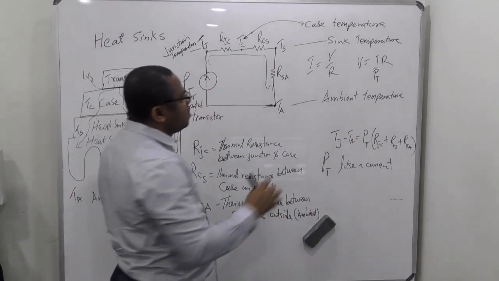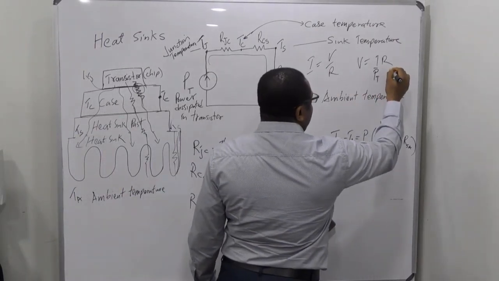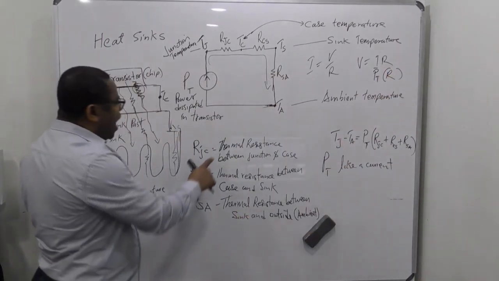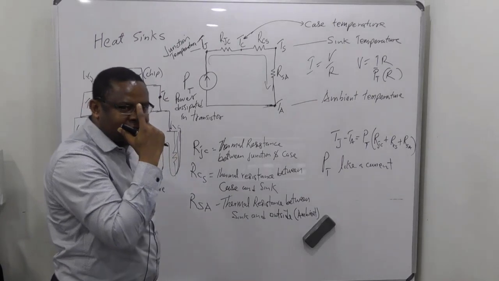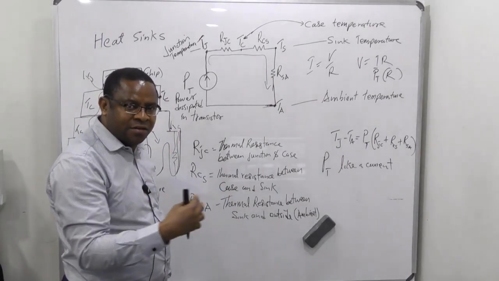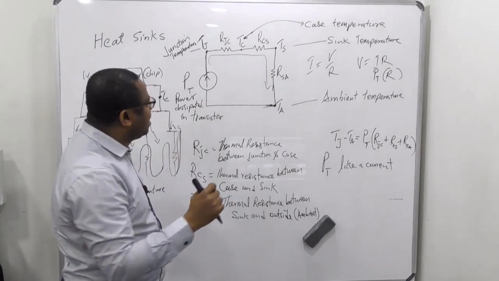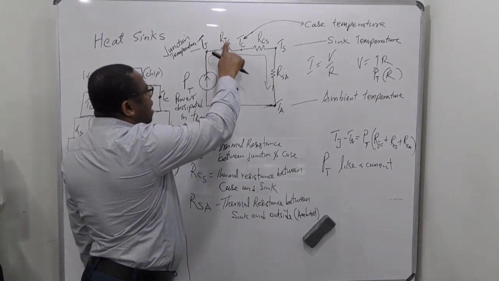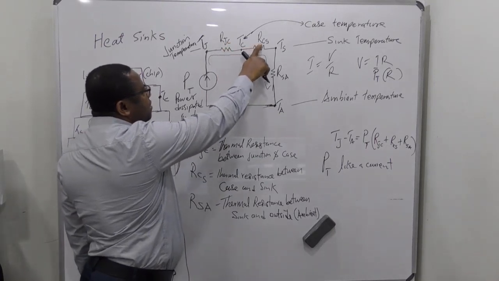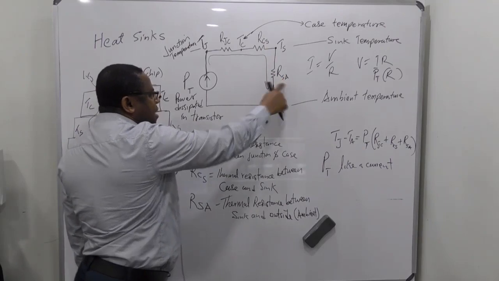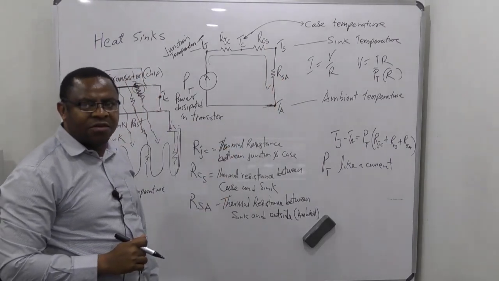And then this is still your resistance. And that resistance is actually a thermal resistance. It's not electric resistance. It's resistance against the flow of heat. So it's a thermal resistance. So this is thermal resistance between the junction and the case. This is thermal resistance between the case and the sink. And this is thermal resistance between the sink and the ambient, the outside ambient temperature.